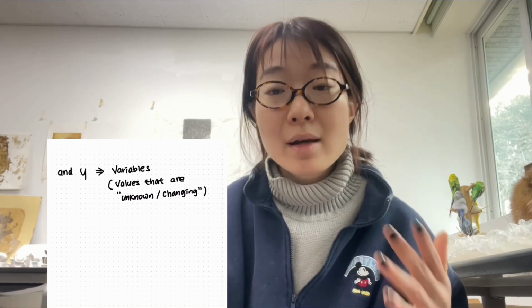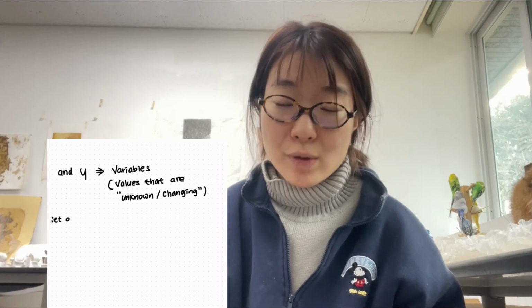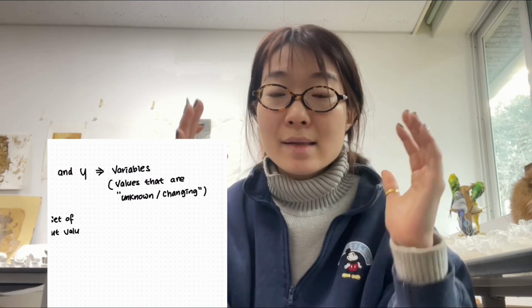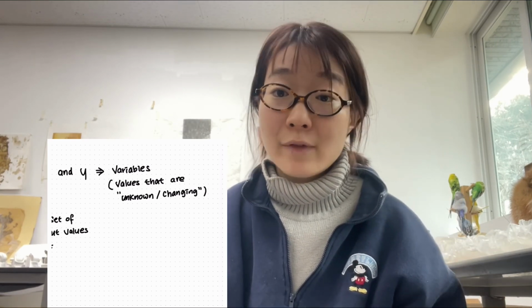So we just talked about input and output. We call a group of input values, and again, usually these are represented by variables x and y. They don't have to be. They can be anything from A to Z. Yeah, x and y are just common variables that we use. So let's imagine that x represents a set of input values.